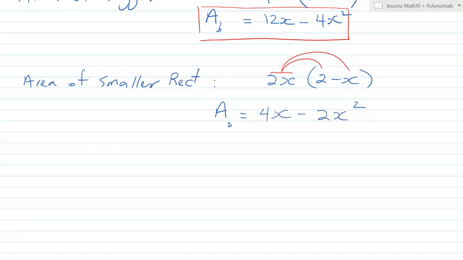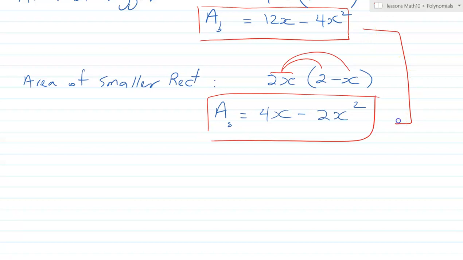Great. Now that we have these two, remember, the area of the bigger rectangle minus the area of the smaller rectangle will give us the area of the yellow region. That's what we've got to do.